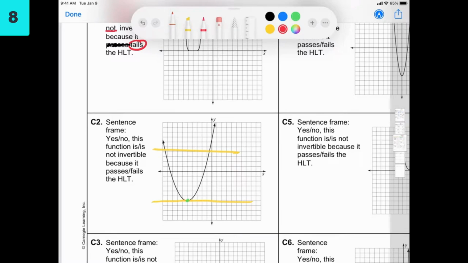But it has to pass at every location, and this part it fails. So no, this is not invertible because it fails the horizontal line test. You can't take the inverse.